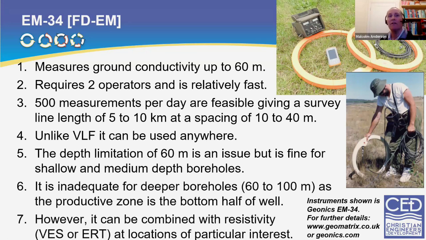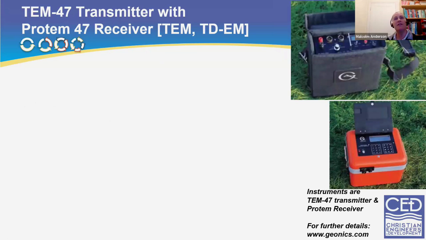Okay, so that's enough on that item. The final option is the TEM, or time domain electromagnetic method. And here are the two instruments produced by Geonyx with a transmitter box and a receiver box: the TM47 transmitter and the ProTem47 receiver.